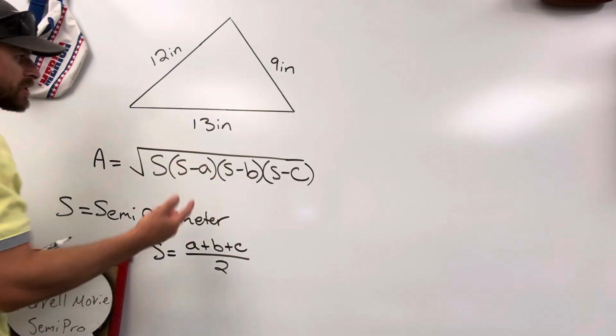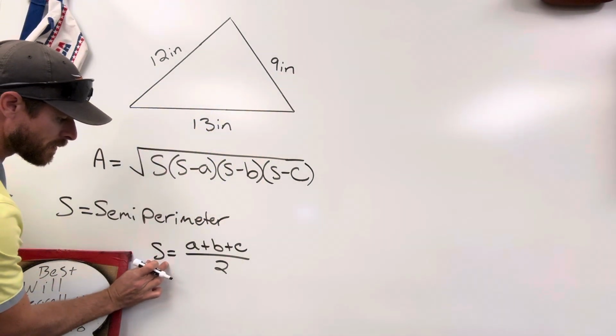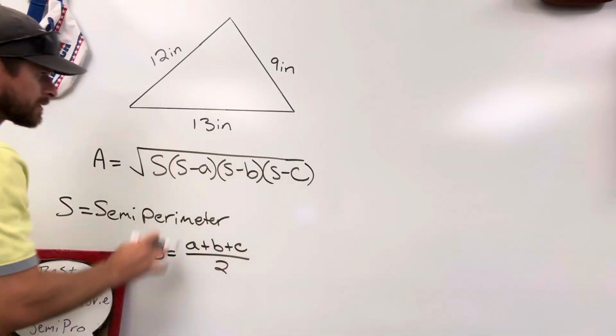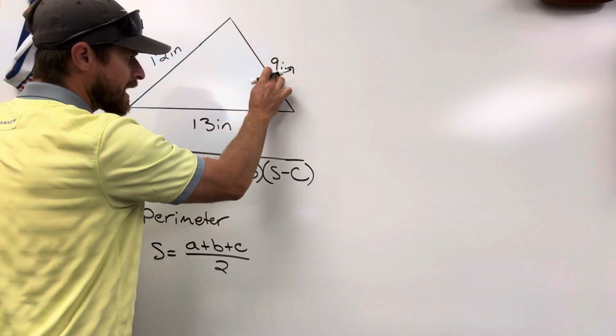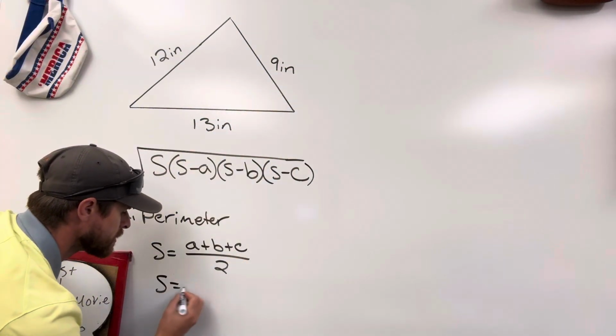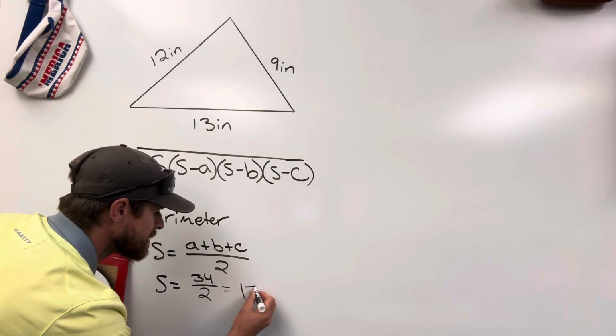All right, so let's just say A, B, C, and let's solve for the semi-perimeter first. Get the perimeter and basically just cut it in half. So 13 plus 12, that's 25. Plus another 9, that's going to give me 34. So our semi-perimeter here is 34 divided by 2, which is a nice, neat 17.